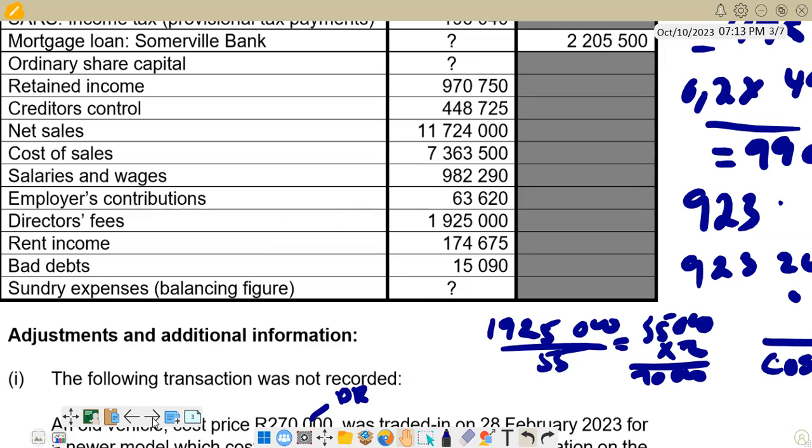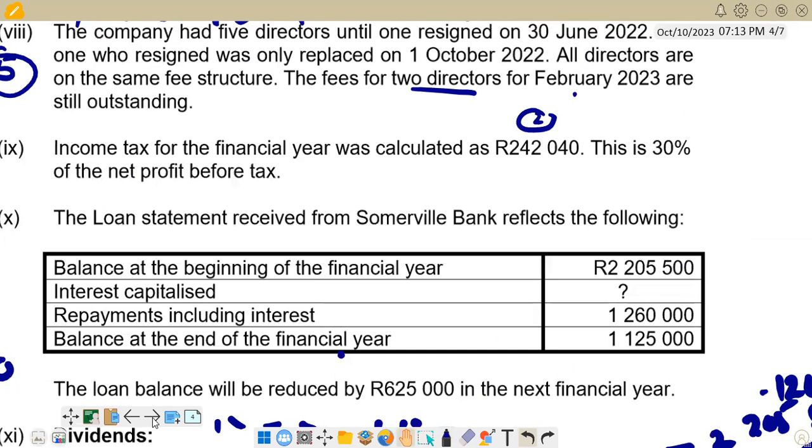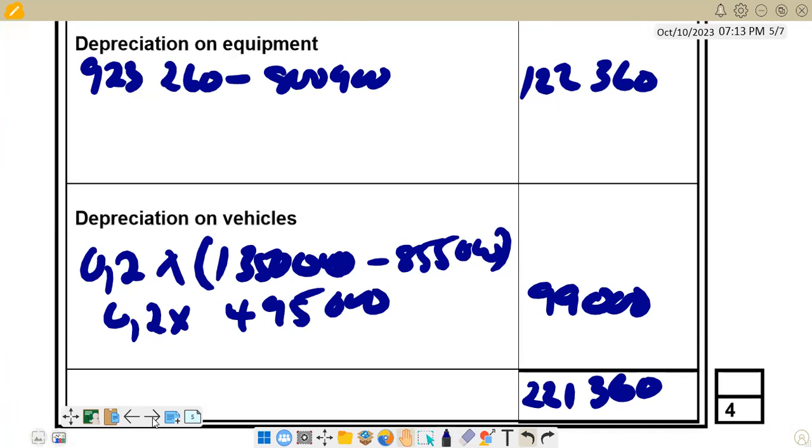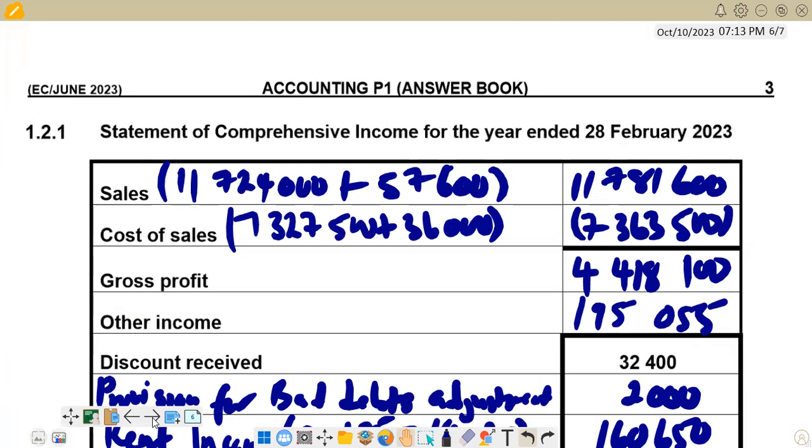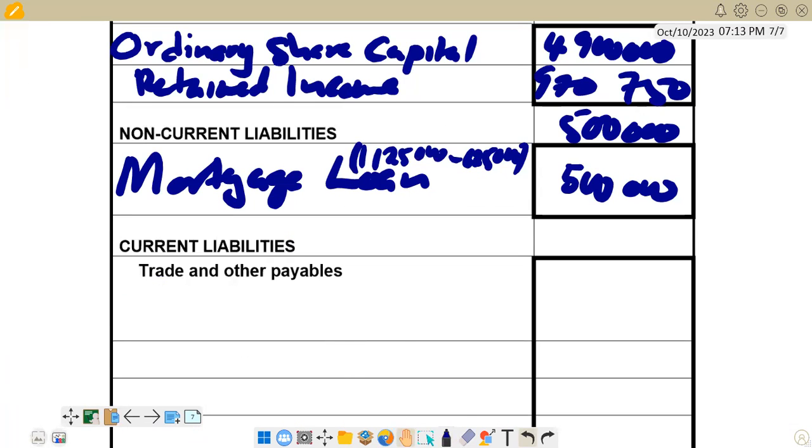So we are going to enter that one, 448,725, in the working parts.